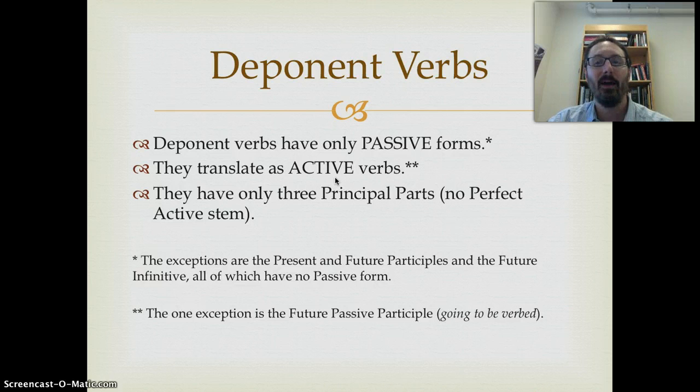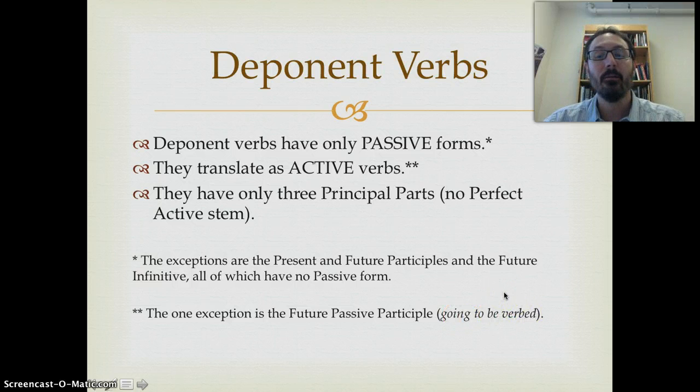There's no way to make a deponent verb translate passively, with the exception of the, as we see down here, the future passive participle, also known as the gerundive, which we'll get to down the line, which does translate passively as going to be verbed.